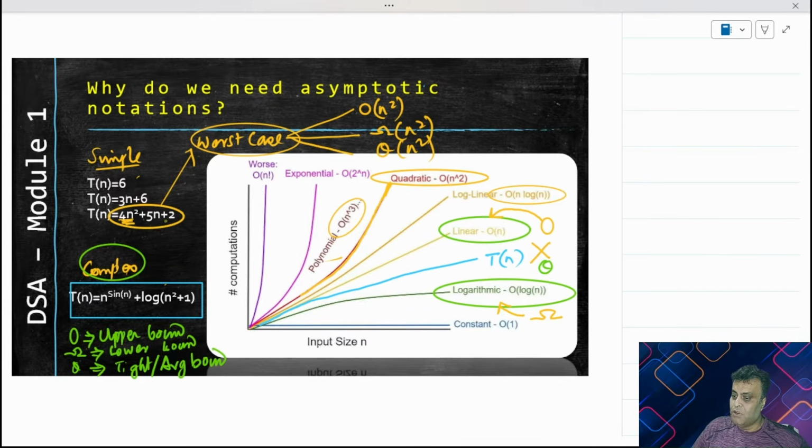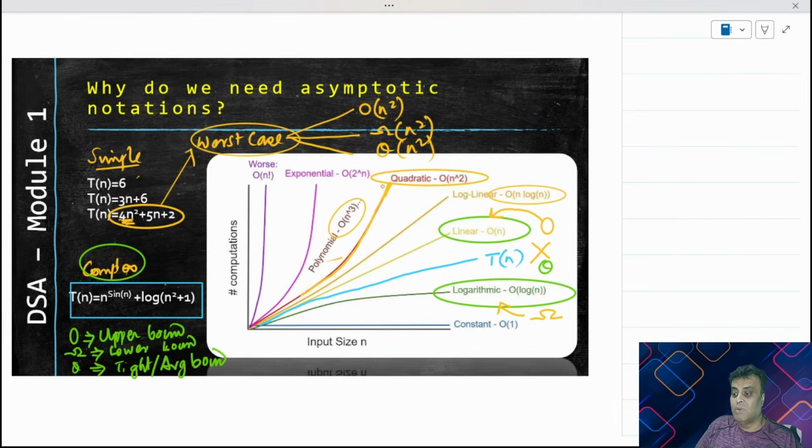So the worst case polynomial, if it is plotted on this curve, then the upper bound of this polynomial will also be order of n square, because you have to take the nearest upper bound of a class which is very well known. The nearest upper bound of order of n square is n square itself, and the nearest lower bound of order of n square is also n square.